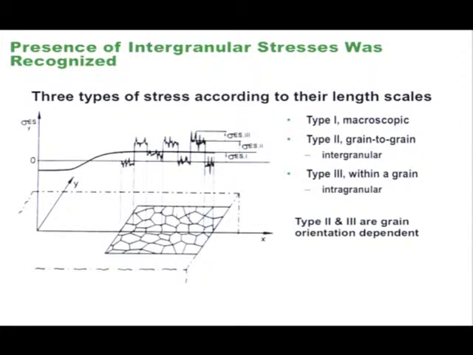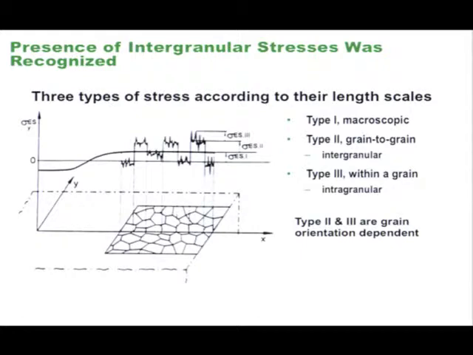A lot of these applications in the early stage were driven by industrial problems, measuring residual stress in welding components and looking at fatigue and so on and so forth. But soon people realized that the stress or strain that you measure cannot really be described by these simple finite element models that only calculate the average stress.